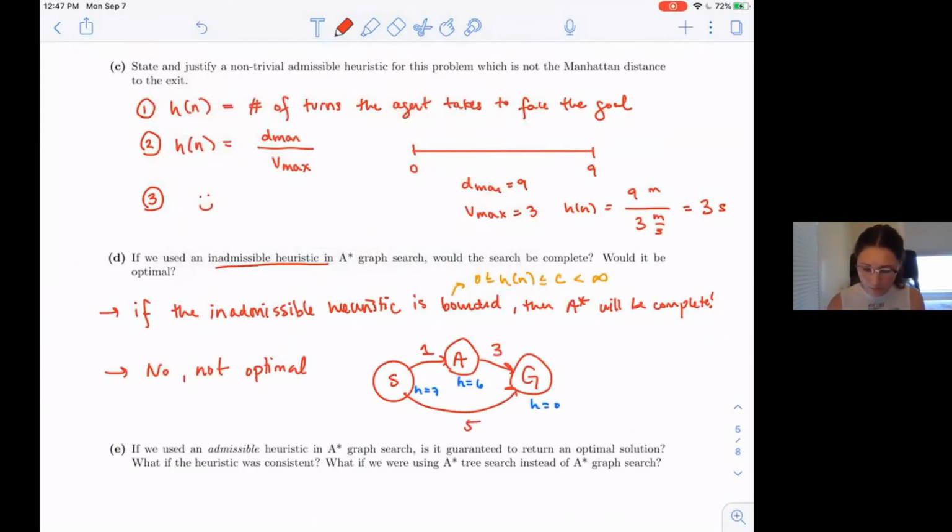And this inadmissible heuristic falsely makes our A star graph search choose this path, even though we know that it's actually higher cost, because 5 is greater than 3 plus 1, which is 4, just because we had such a poor inadmissible heuristic.